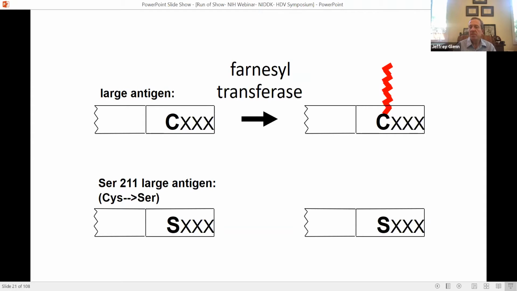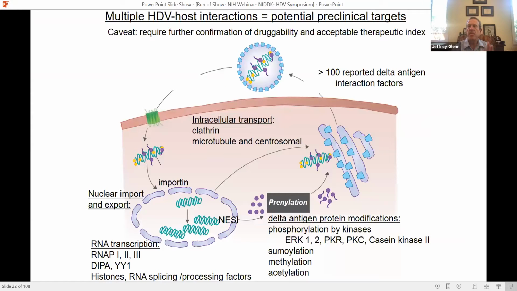In terms of translating that into a therapy, as we'll hear later on, that's attempted to be done pharmacologically by inhibiting the last enzyme that is responsible for prenyl lipid addition onto the large delta antigen.